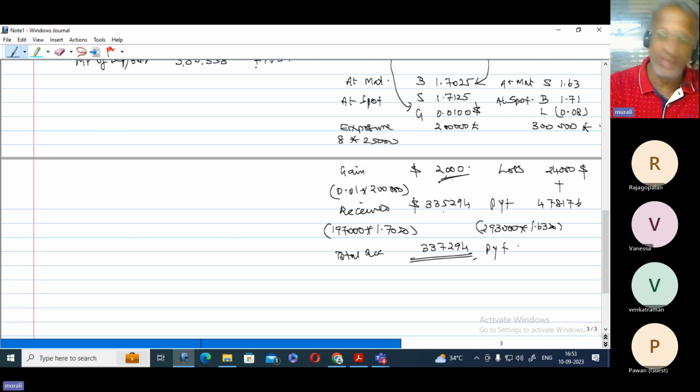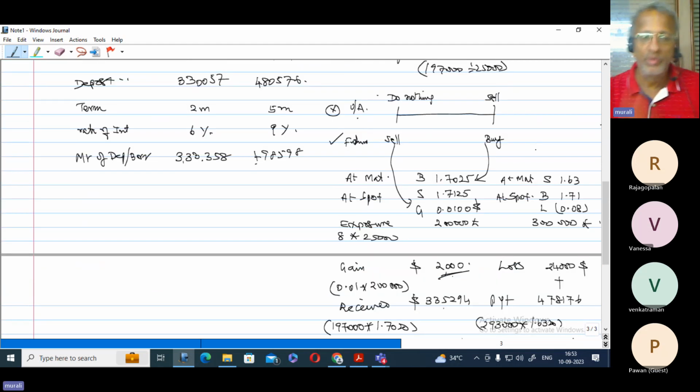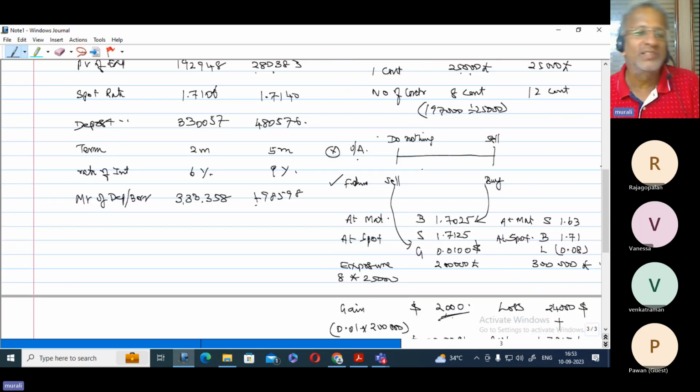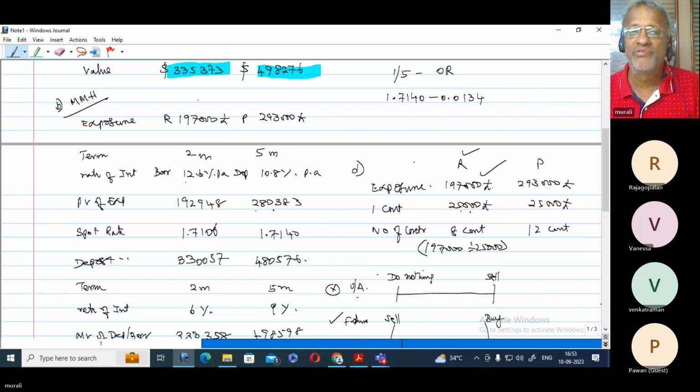What is the total payment that you got to make, plus 24,000? So it comes to 502,176. So you have the worst thing that had happened in futures, 502,176. It breached 500,000, I mean 5 lakhs.